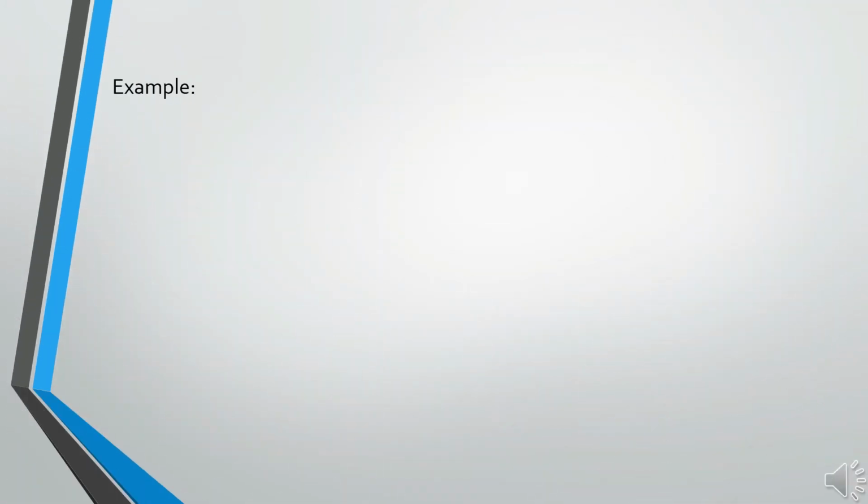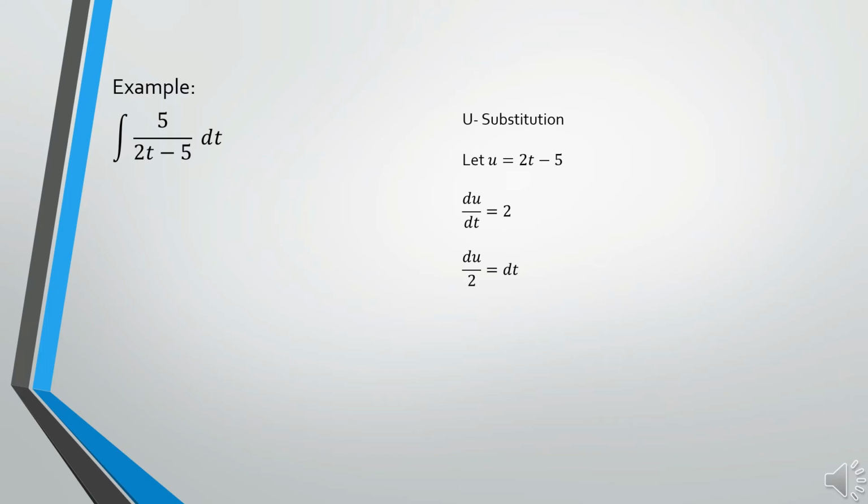For the next example, we have to solve the question: integrate 5 divided by 2t minus 5 dt. We use u substitution. Let u equal to 2t minus 5, and then we differentiate 2t minus 5, which equals 2. We leave dt for the final answer, equal to du over 2.